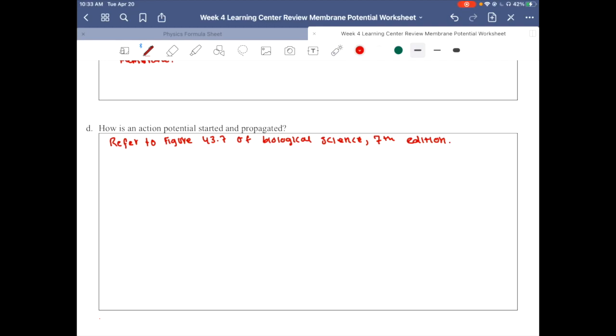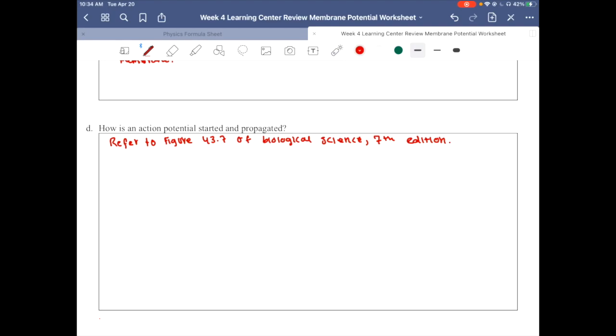And once it hits the threshold, which is around negative 55, the sodium activation gates at all sites are going to open. So before it was just a couple, it was local, but then once it started getting more and more positive, it was like, all right, we're just going to open everything. So it opens all the sites, and now sodium ions are just going to diffuse down their concentration gradient.